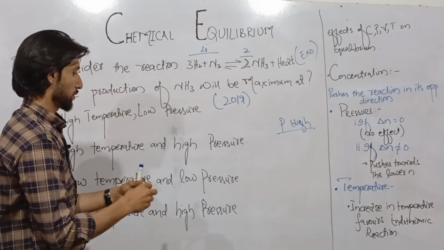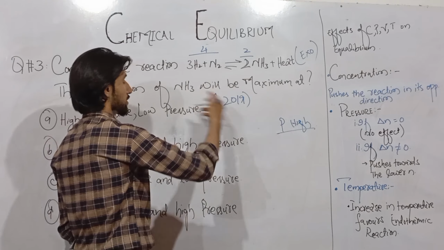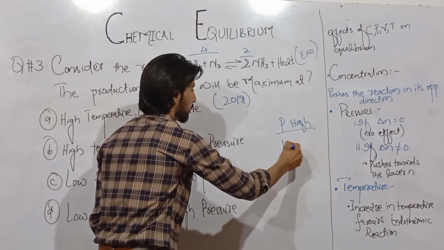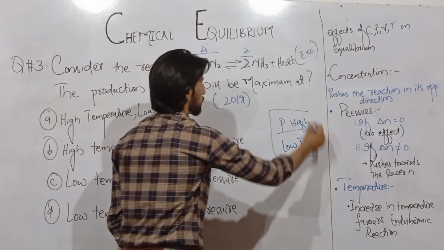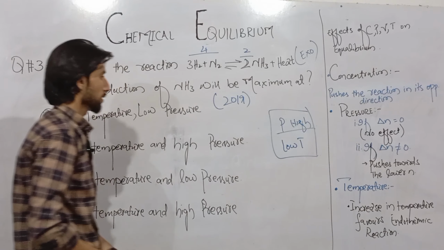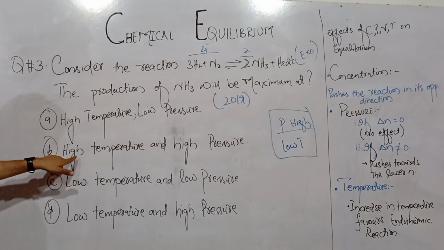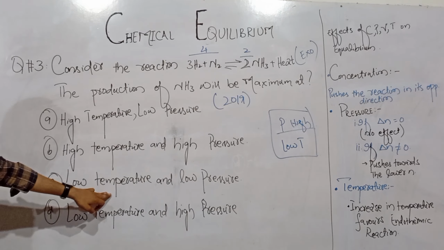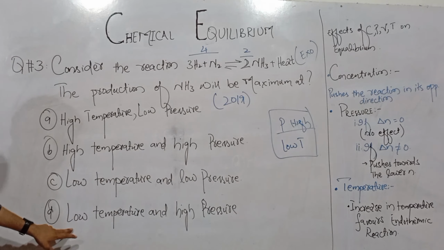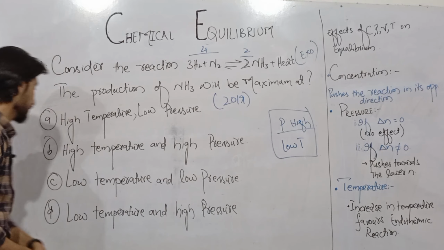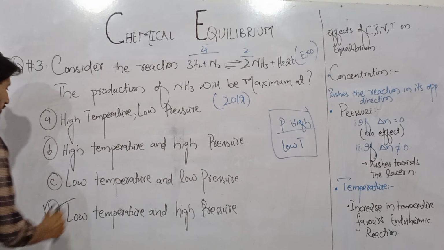We must decrease the temperature. So low temperature. Now we should find our answer in these options. High temperature, no. High temperature, no. Low temperature, yes. Low pressure, no. Low temperature and high pressure, yes. This one is our option.